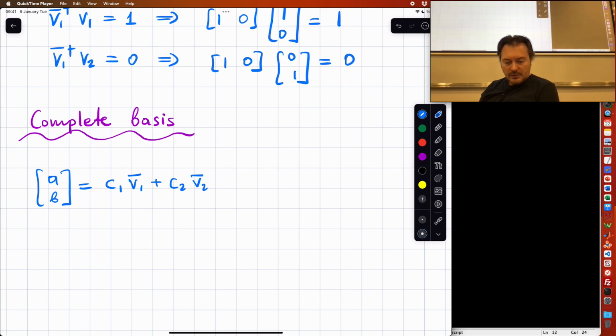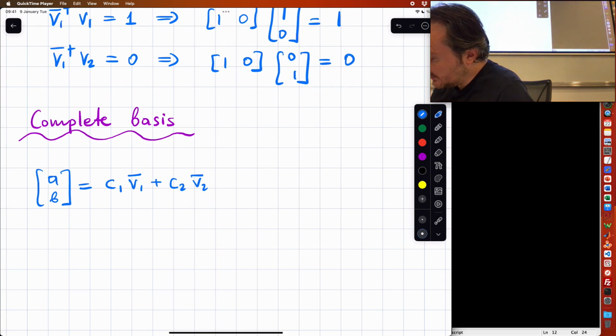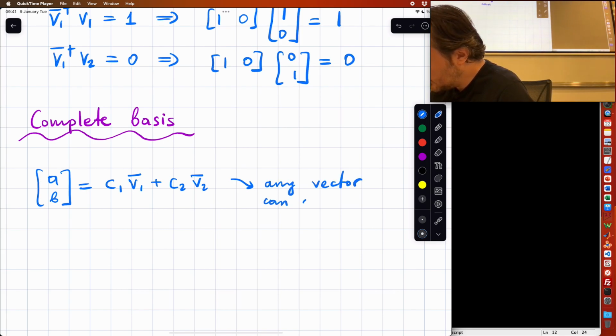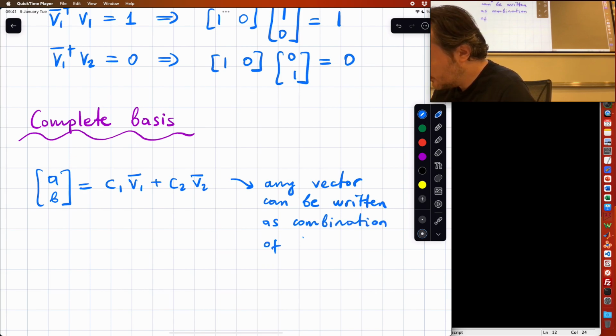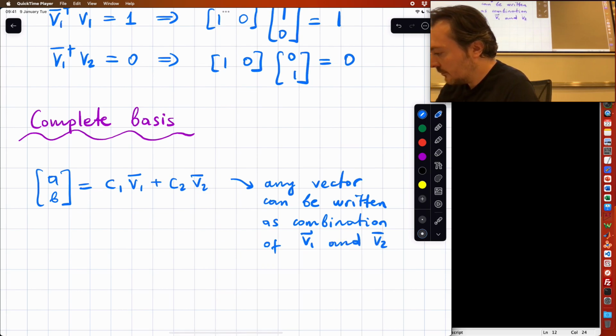So what this is claiming is any vector can be written as a linear combination of V1 and V2. Okay?